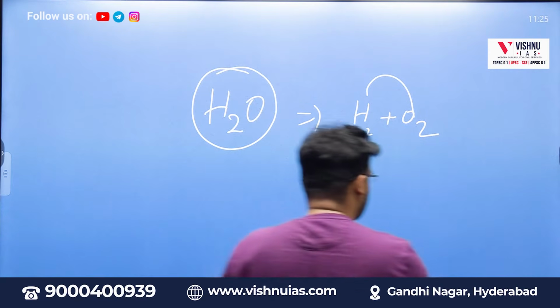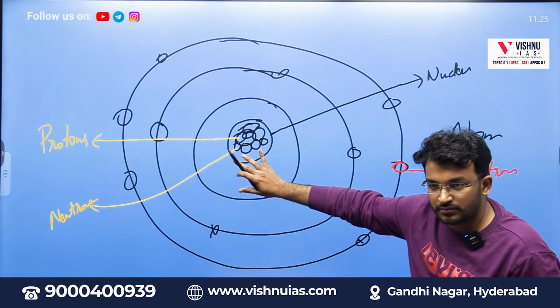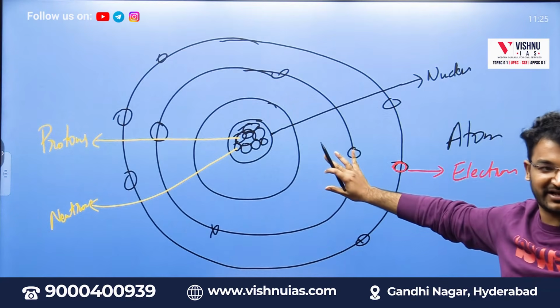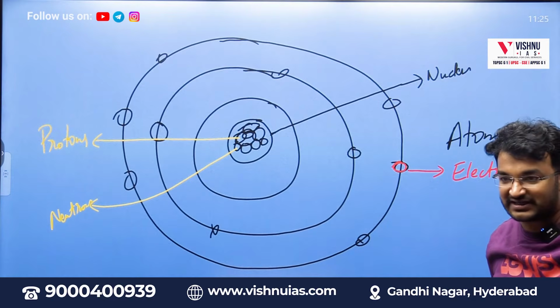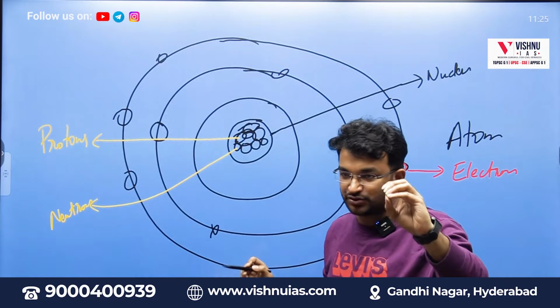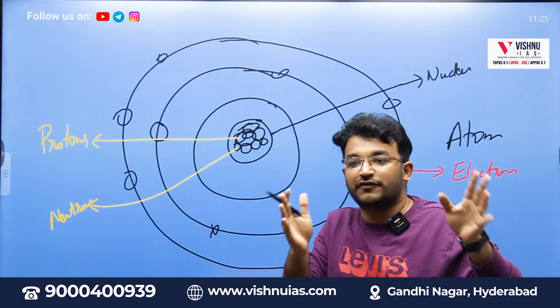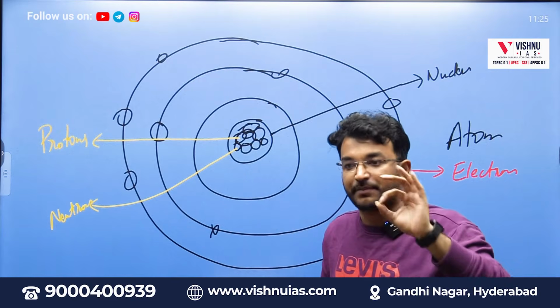Now you had told me that this is an atom and I accept this. Now in this atom, at the center of the atom, we will be having a thing called nucleus, and in that nucleus, we will be having two different subatomic particles.